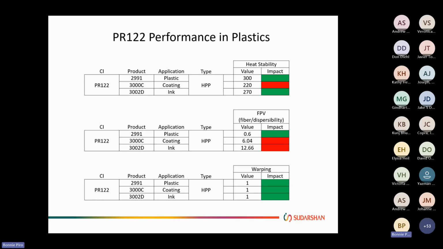This particular coatings product itself does impact that heat stability to the negative side. And then we also see the dispersibility differences based on the choices of finishing as well. And then again, the warping is dominated by the chemistry. So Red 122 chemistry is very good from a warping perspective for plastics.